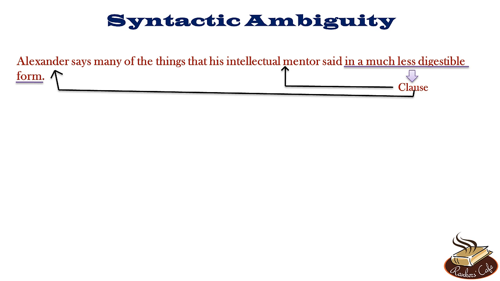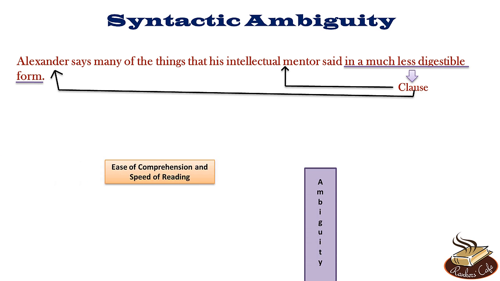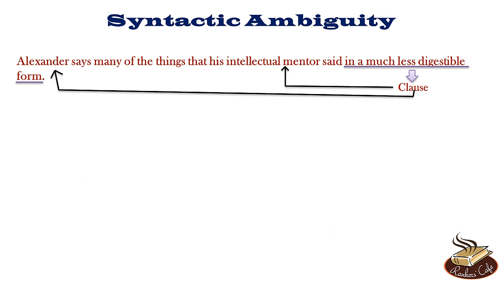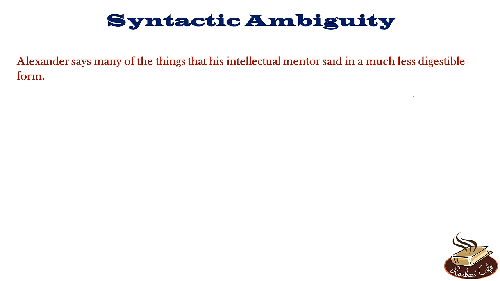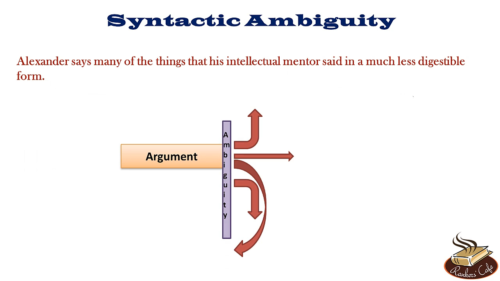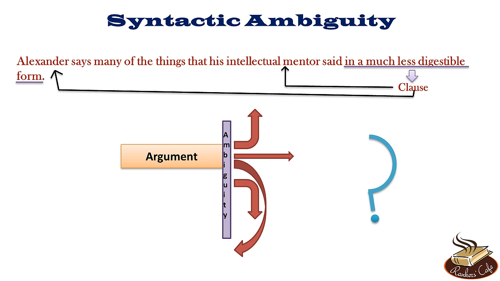Sentences like these in a passage can not only break your speed of reading and ease of comprehension, but also introduce a strong element of uncertainty about the direction the argument of the passage is going to take. After all, there is no clarity over which of the two persons is qualified by the phrase in a much less digestible form.